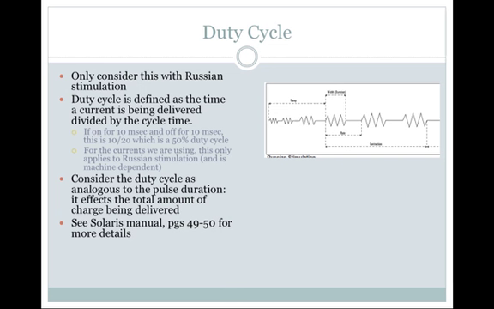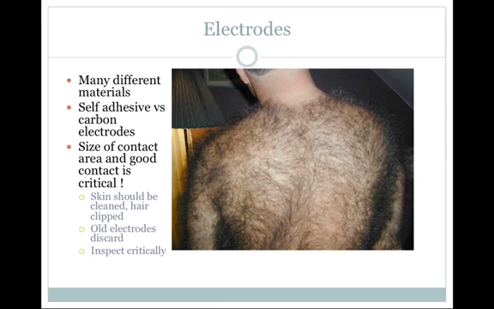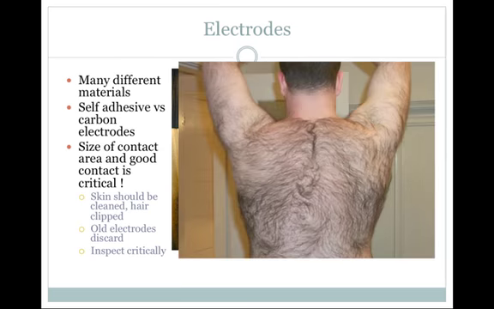Okay, so let's talk about electrodes a little bit. We have a lot of different electrodes, and a lot of different factors that are going to affect whether or not your electrodes are going to work okay. And this fella here in his mohair pajamas is definitely going to give you problems.